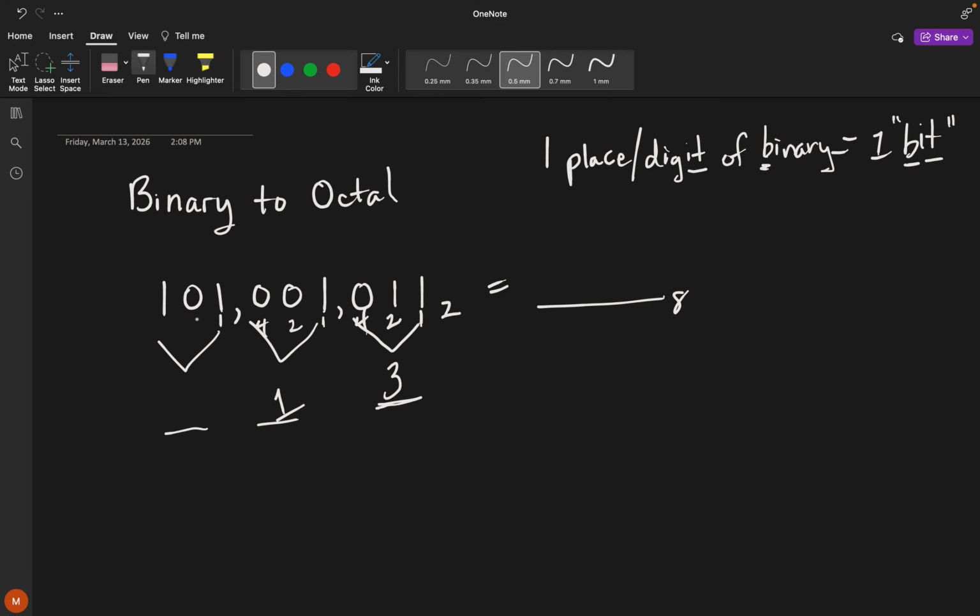And this is 1, 2, 4 again. So it's 4 plus 1, just the place values where there is a 1 in that spot. So 4 plus 1 is 5. So this big long string of binary is expressed as 5, 1, 3 in octal.